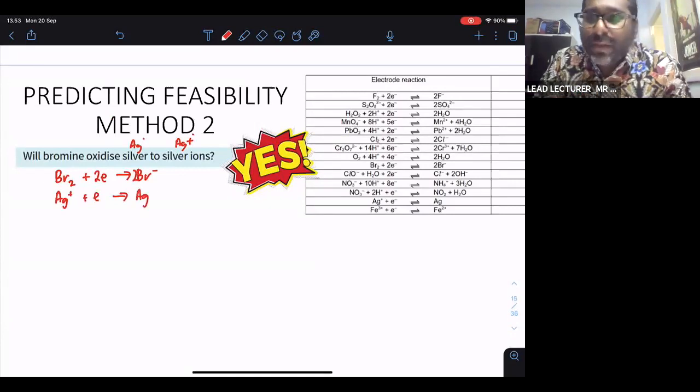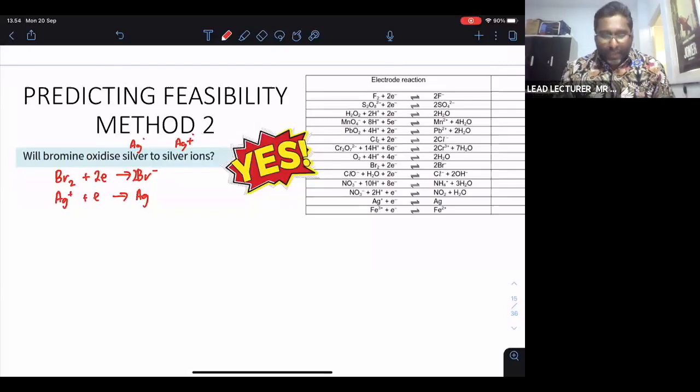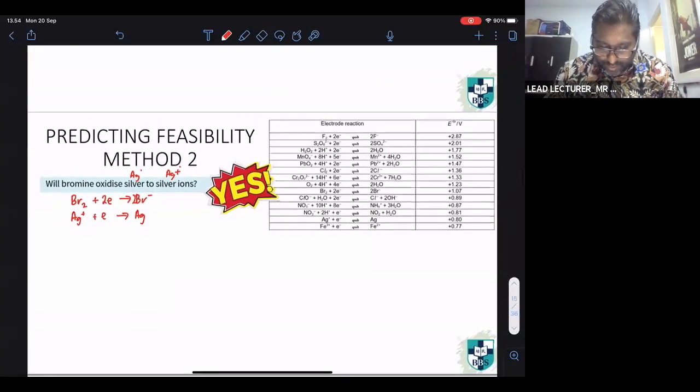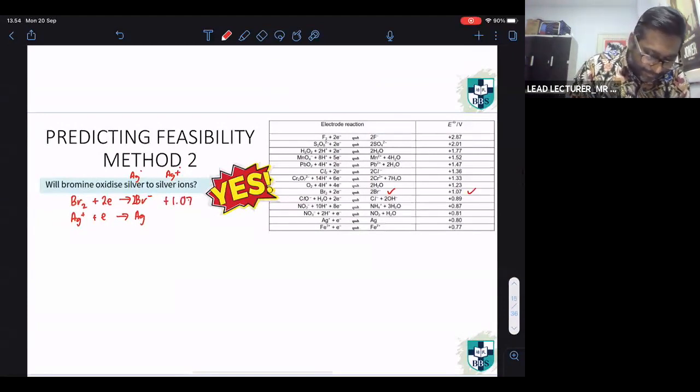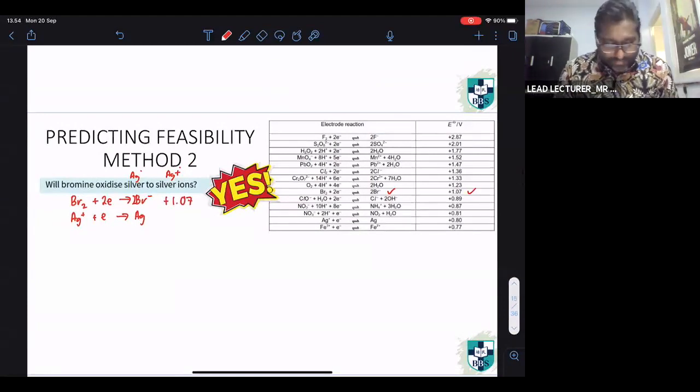Then you look at your data booklet and get the values. Here you can see Br2 is positive 1.07, and for Ag+ this is going to be 0.80.